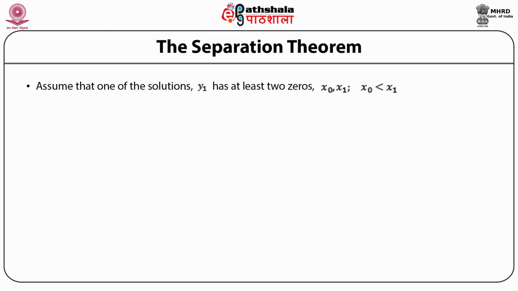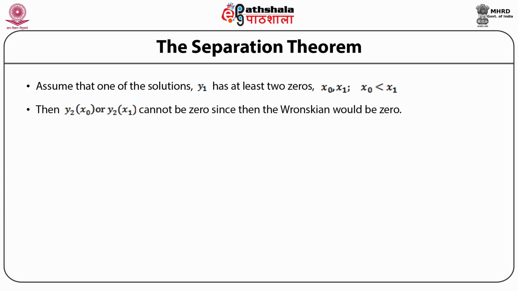Now assume that one of the solutions, say y1, has at least two zeros x0 and x1, where x0 is less than x1. Then y2 of x0 cannot be 0 because then the Wronskian W of y1, y2 is equal to 0 at x is equal to x0. Similarly, y2 of x1 cannot be 0.